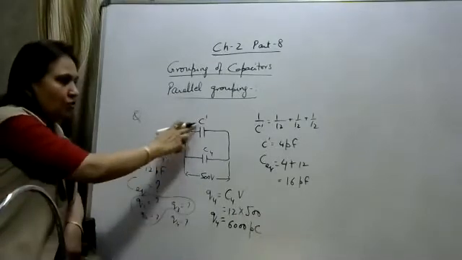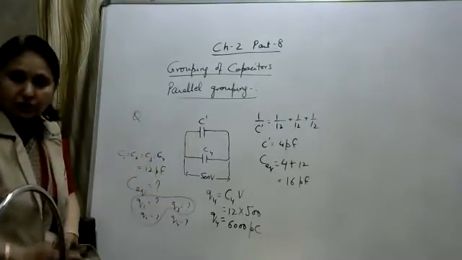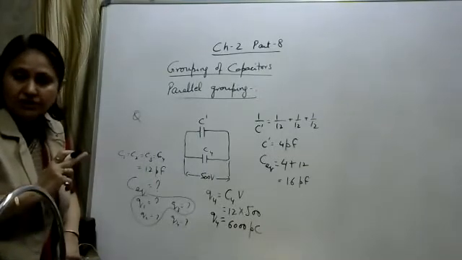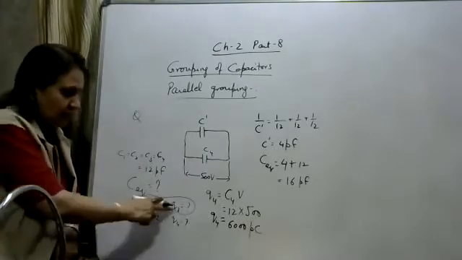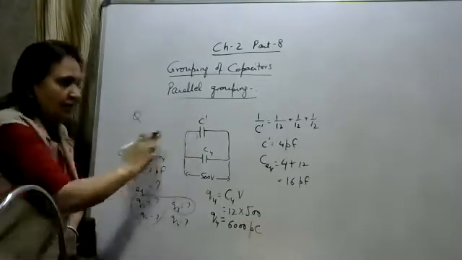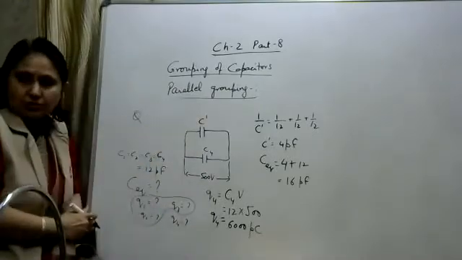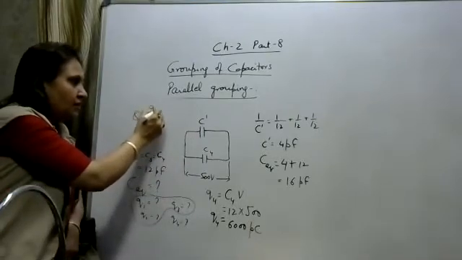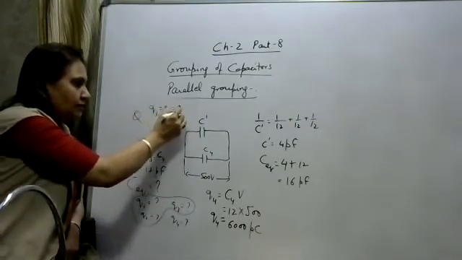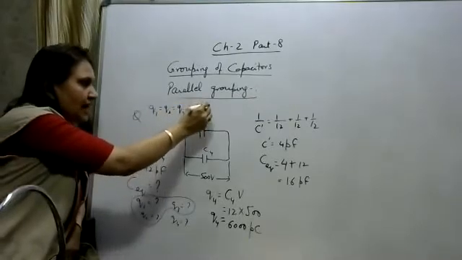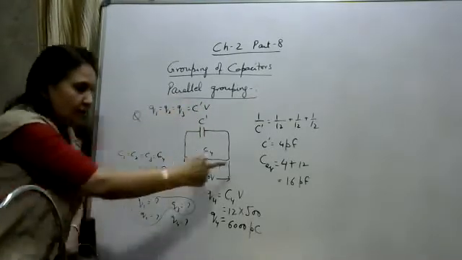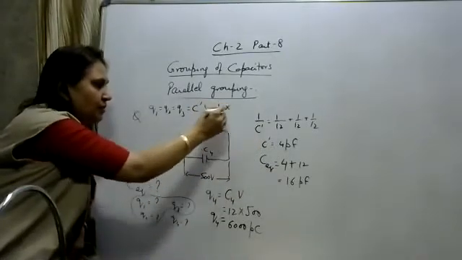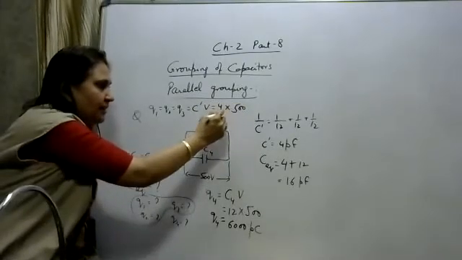Now let's find Q1, Q2, Q3. Q1, Q2, Q3 will have the same charge. Q4 we have determined. Now Q1, Q2, Q3 will be equal to C dash into V. C dash is 4 picofarads, into V, which is also 500.